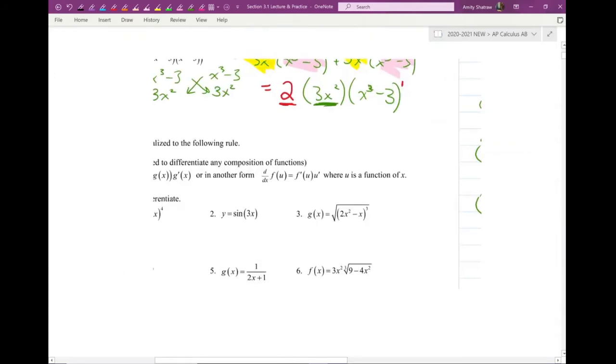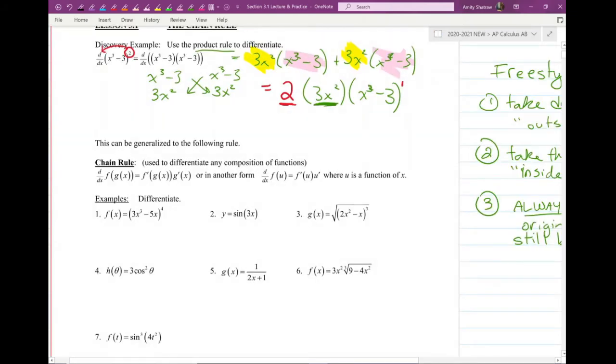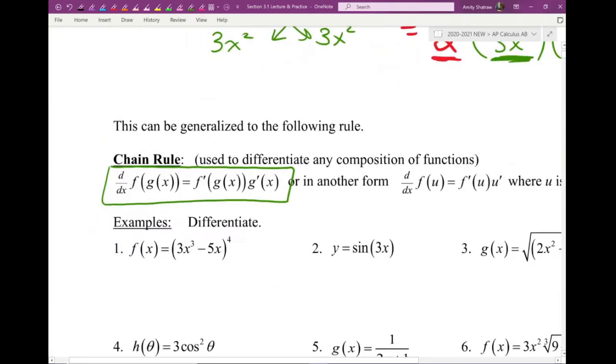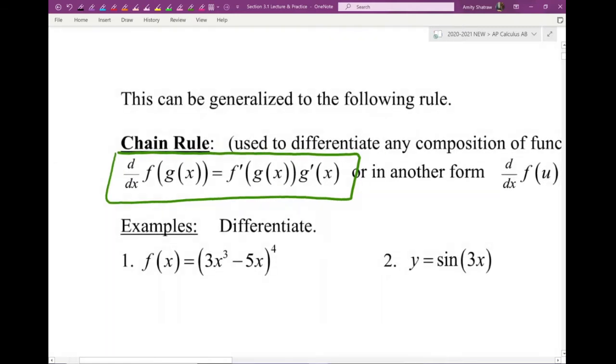So having talked about those rules, this is what it looks like. Oh, what a beast. Maybe I'll change my mind about that freestyle one time. But basically what it's saying is that you are going to take the derivative of the whole darn thing, and that's what I call the outside.